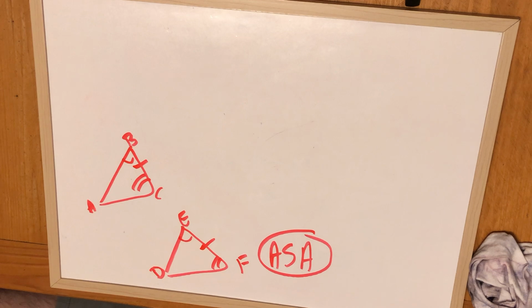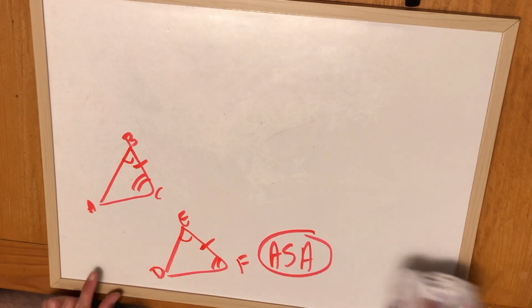Which piece of information is needed to show angle, side, angle? BC is congruent to EF. I'm sorry, so number 7 is B. BC is congruent to EF.